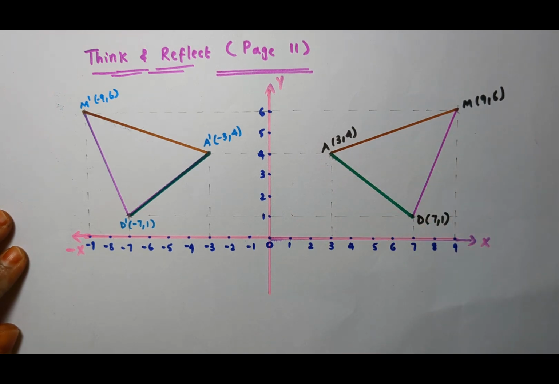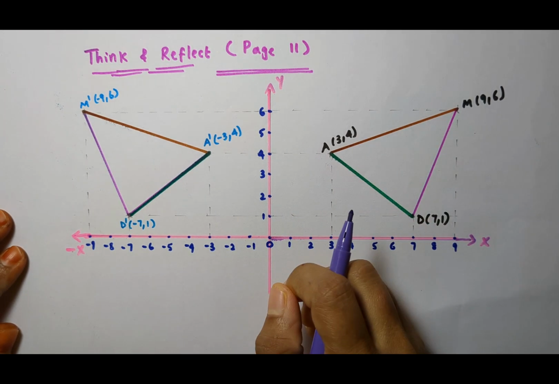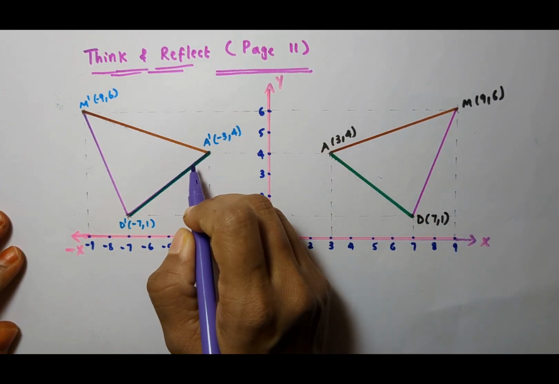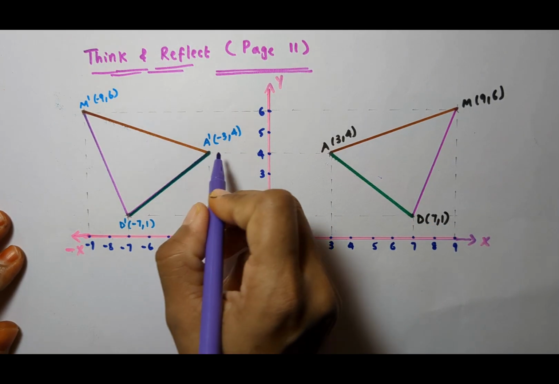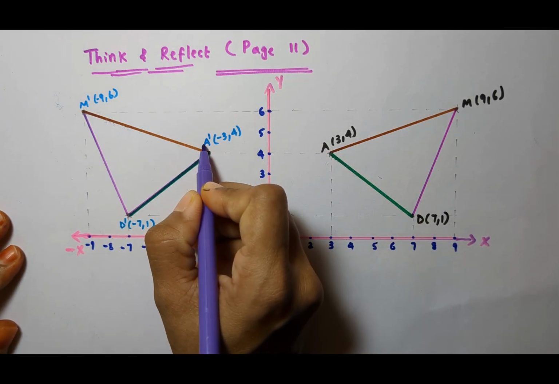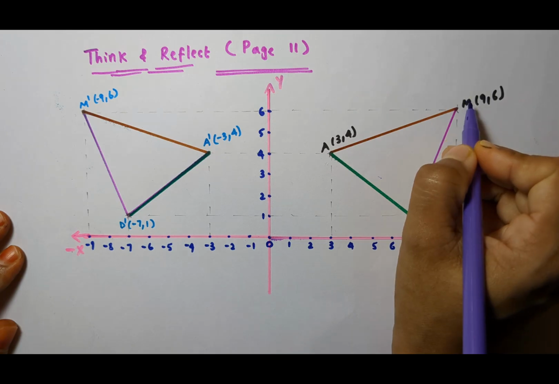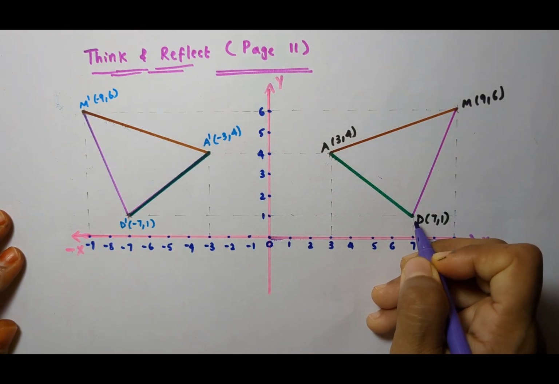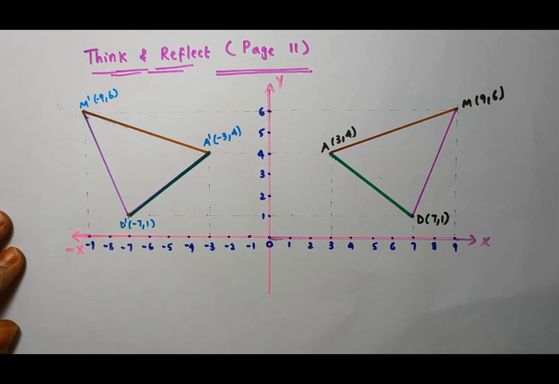See, triangle AMD is here in this quadrant. Now this triangle is reflected in the y-axis. The image of this point A is given as A dash here, the image of this point M is given as M dash here, and the image of this point D is given as D dash here.